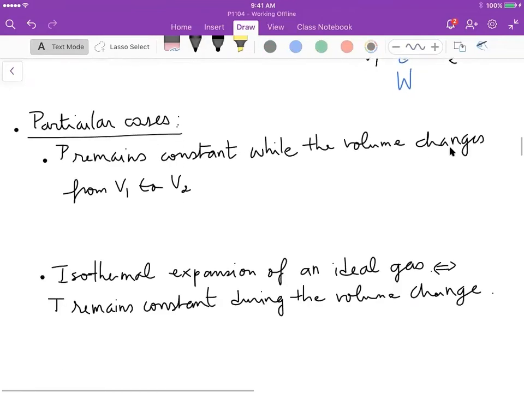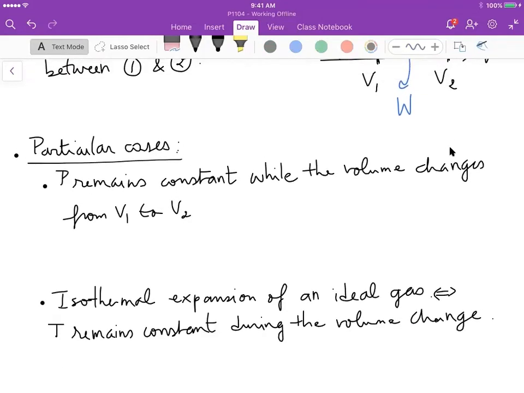Now, if P does not vary as a function of the volume, meaning P remains constant while the volume changes, then we could write W is the integral of P dV between V1 and V2, and since P is constant, it gets out of the integral between V1 and V2 of dV.